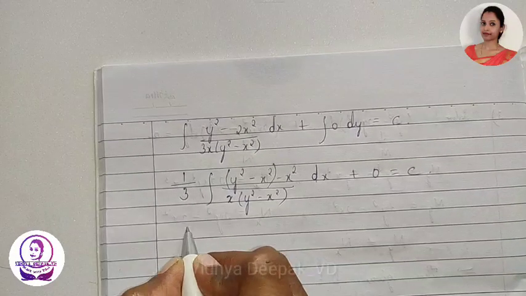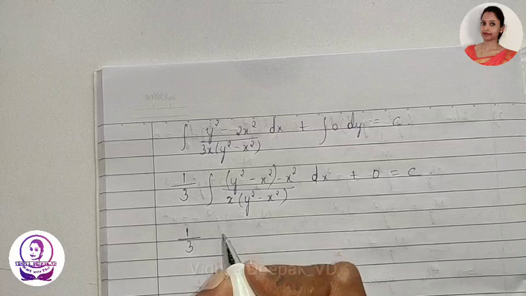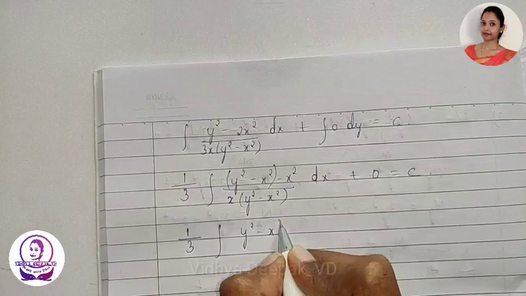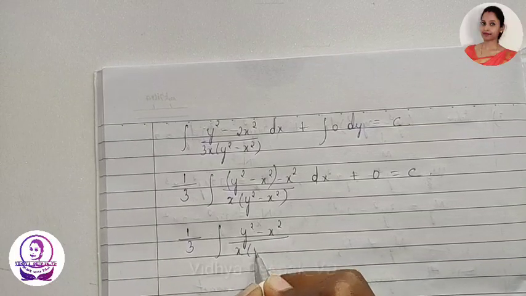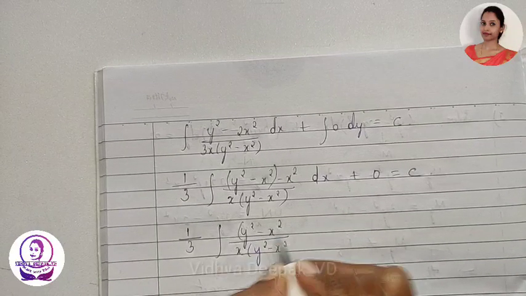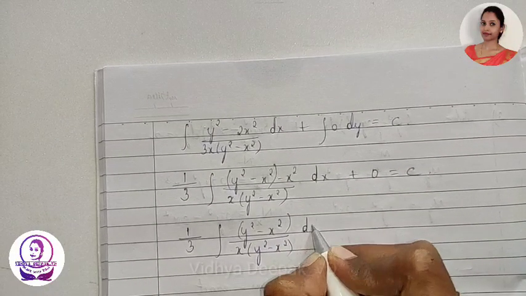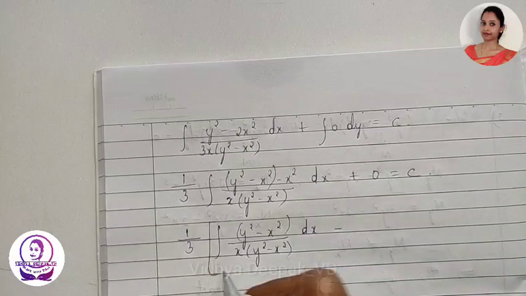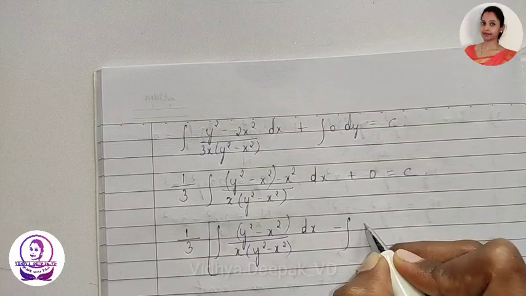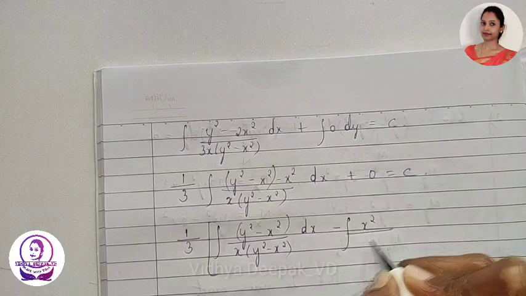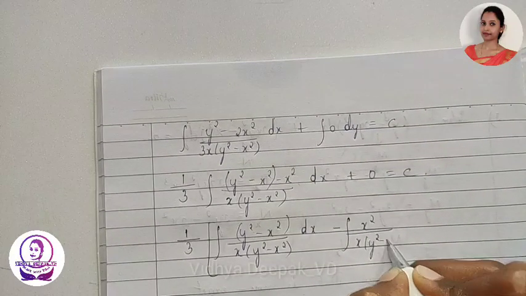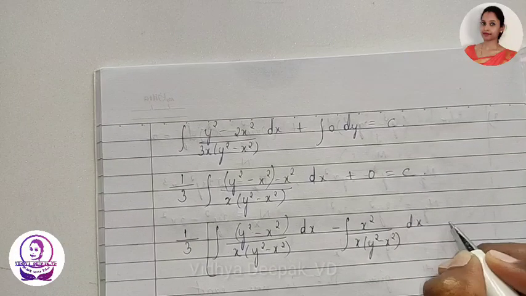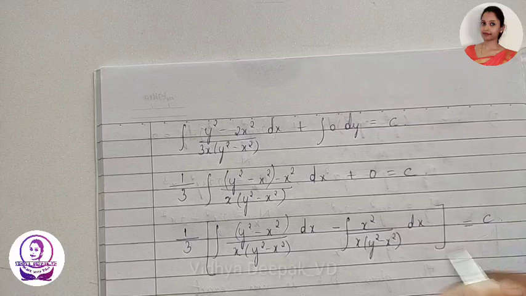So now we have 1 by 3. Split the numerator. We have integral of (y square minus x square) divided by x into (y square minus x square) dx minus integral of x square divided by x into (y square minus x square) dx is equal to c.